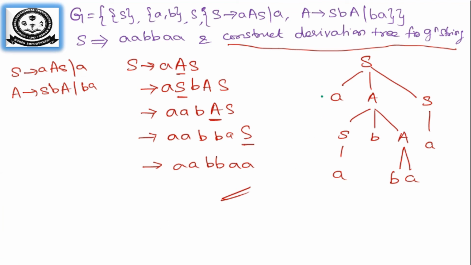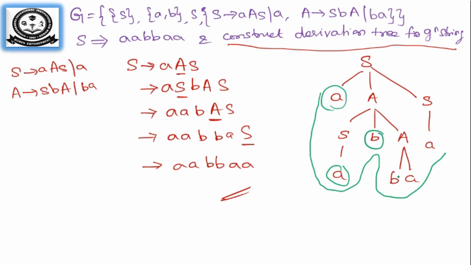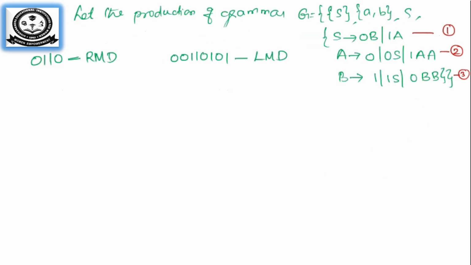So it is coming from this direction to this direction, then to this direction. So it is A, B, B, again A. Only leaf nodes. If you travel, then it's giving the given string. So that's how we construct the derivation tree for the given string.